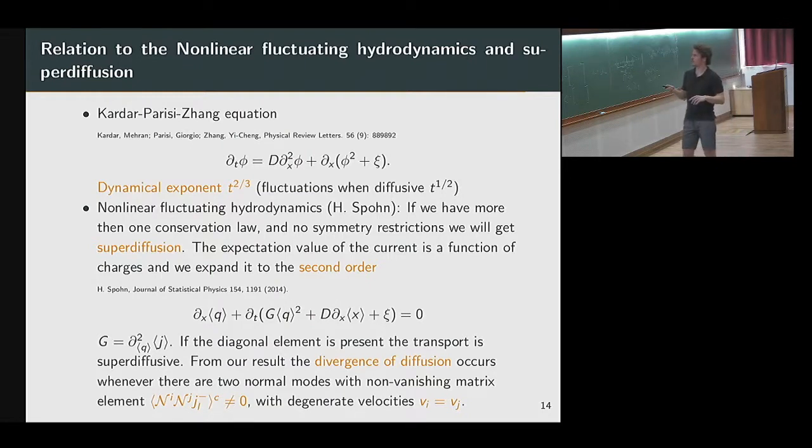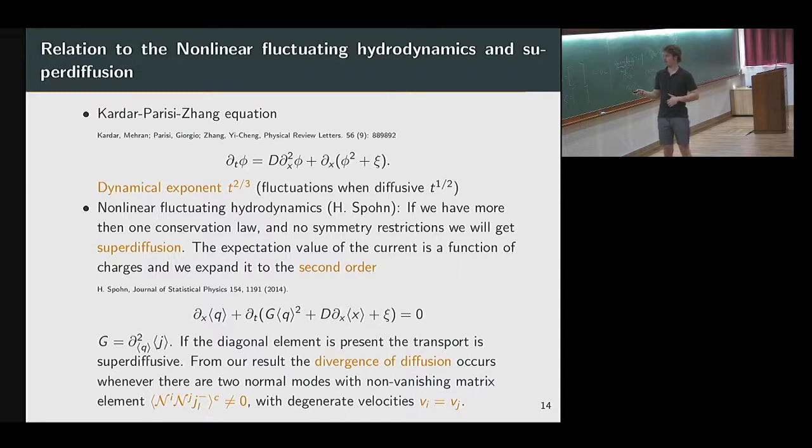Nonlinear fluctuating hydrodynamics is a theory by Herbert Spohn, which basically says that if you have some conservation laws, let's say you have a current and a single conservation law, and if the square of this conservation law couples to the current itself, it predicts an infinite diffusion constant, and a different universality class corresponding to dynamical exponent 2/3.